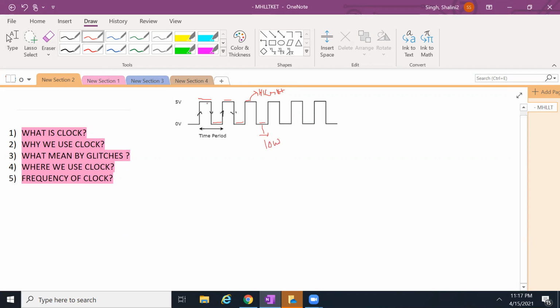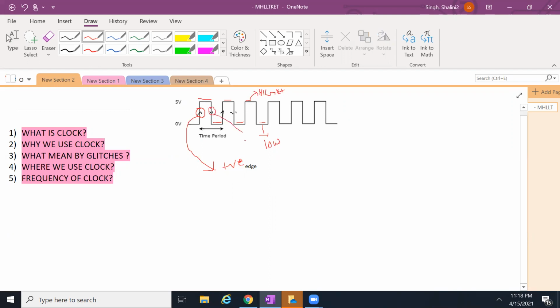This represents the positive edge of the clock. Positive edge.